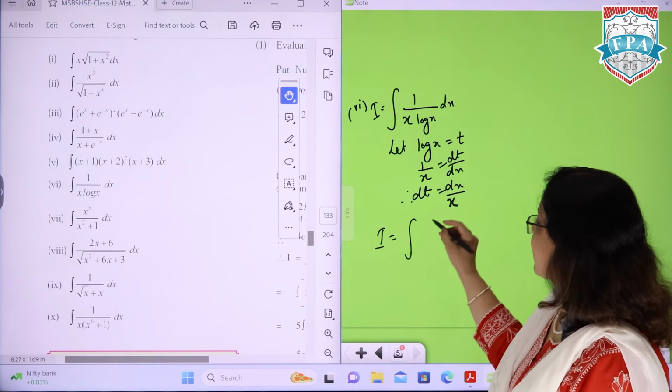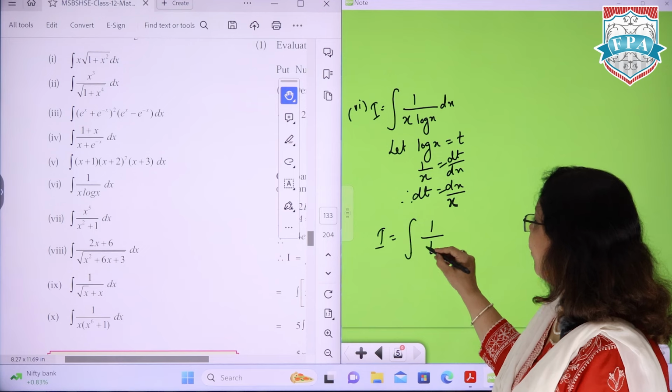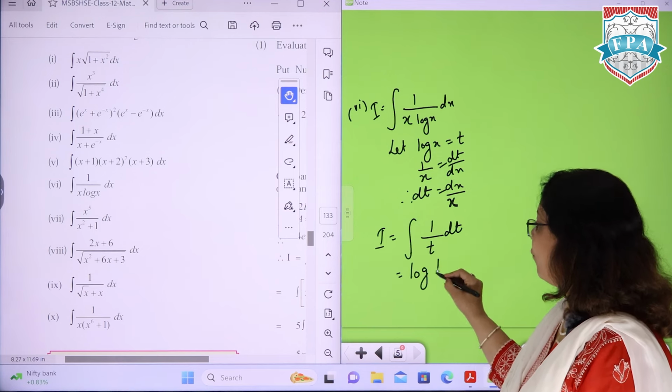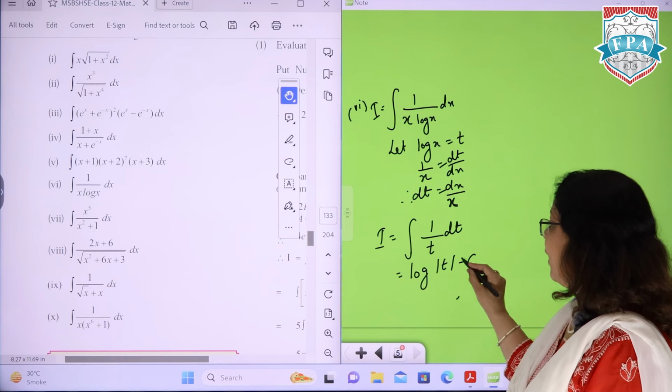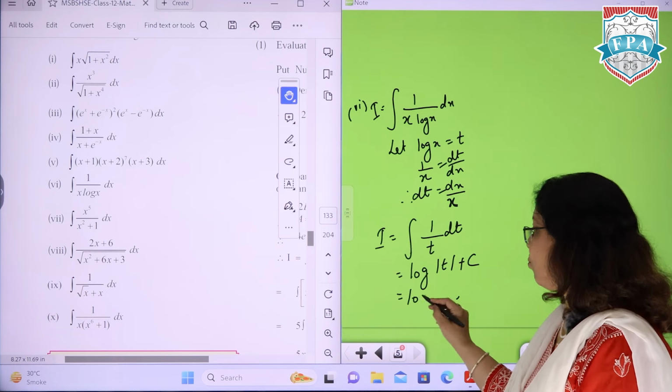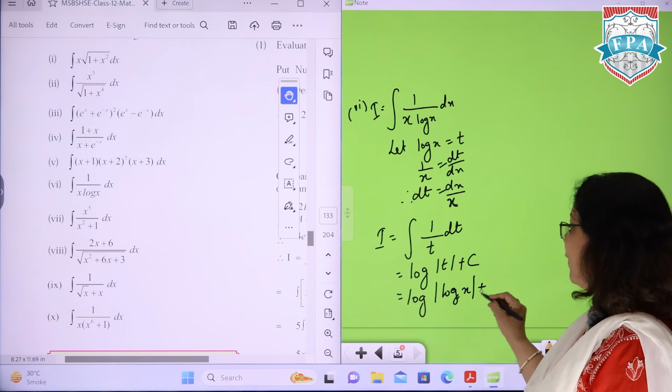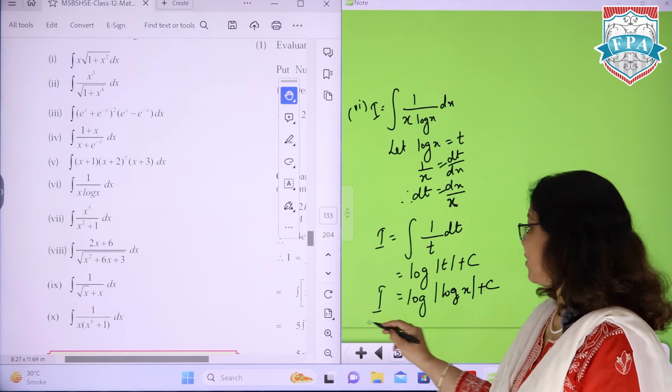Because dx by x completely will go as dt, so 1 upon t dt, which is log of t plus c, and then resubstitute, so log of log x plus c. That is your final answer.